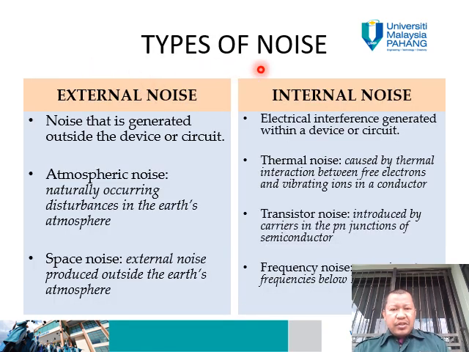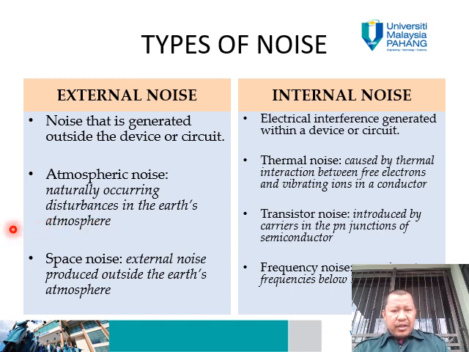So basically noise can be divided into two in general: external noise and internal noise. So what is external and what is internal? External is generated outside the device or circuit. Example is atmospheric noise, which is a naturally occurring disturbance in the Earth atmosphere.